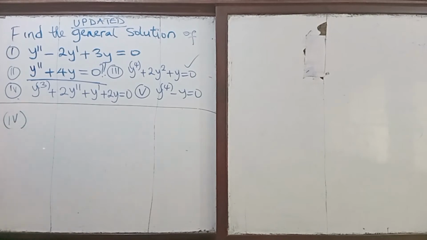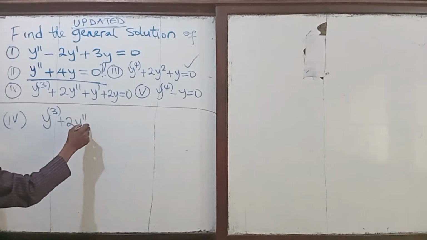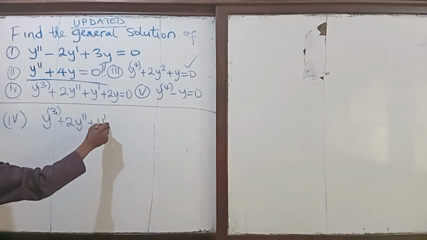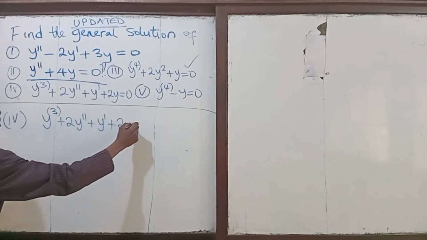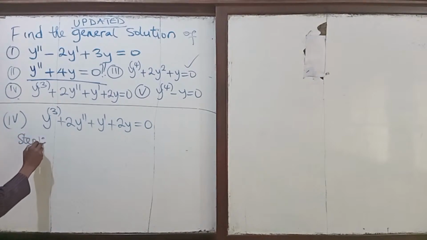Question 4, we have the third differential plus 2 times the second differential plus the first differential plus 2y equal to 0. Step 1, get the auxiliary equation.